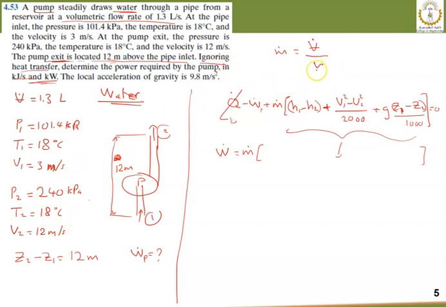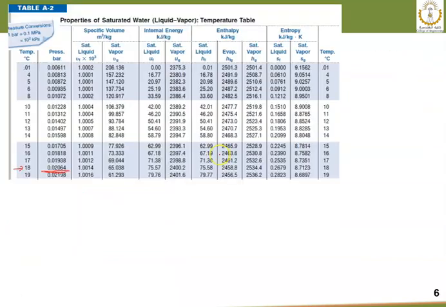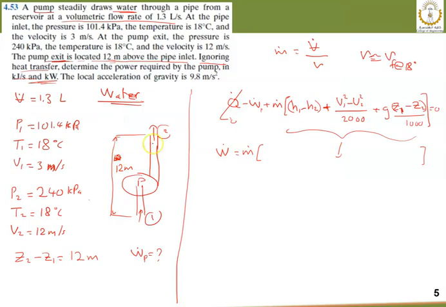And for water, for the compressed liquid, v can be approximated to be vf at the temperature, so at 18 degrees centigrade. From the table, we don't forget that this is already multiplied by 1000, so it's 1.0014.